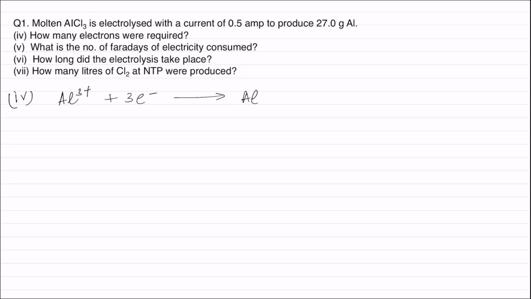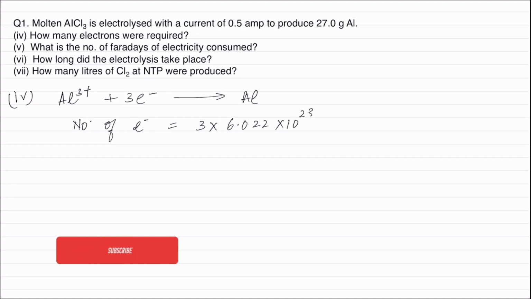Therefore, 3 moles of electrons will be equal to 3 into Avogadro number of electrons, which is 6.022 into 10 to the power 23 electrons. Therefore, number of electrons required is equal to 3 into 6.022 into 10 to the power 23 electrons.